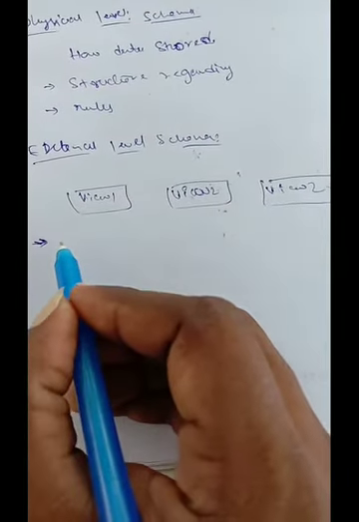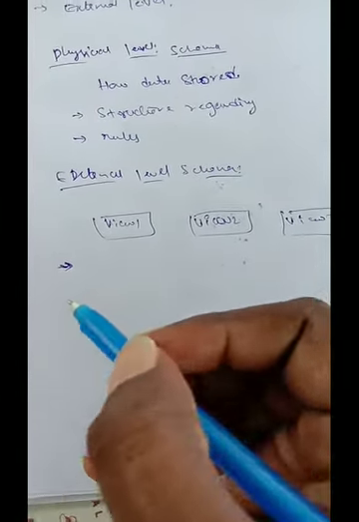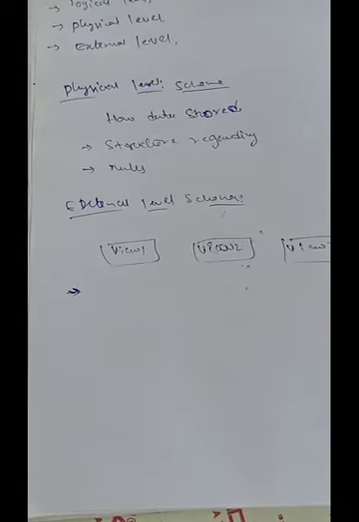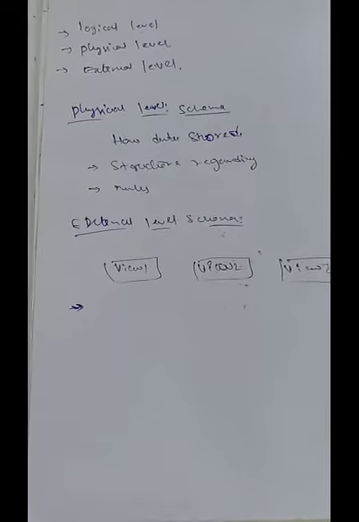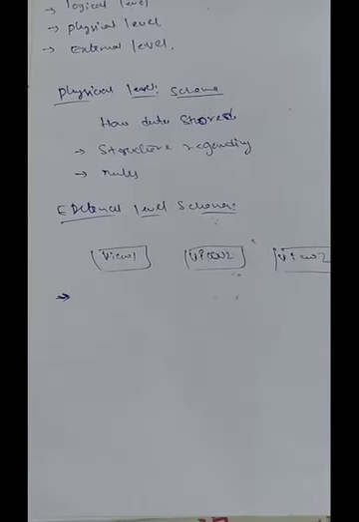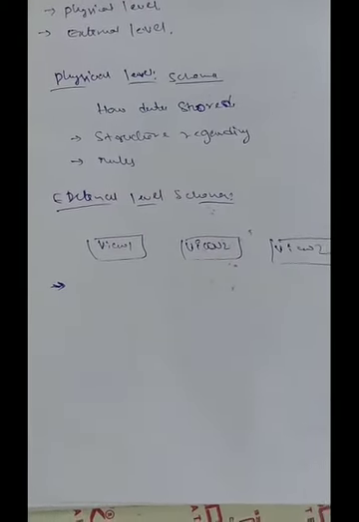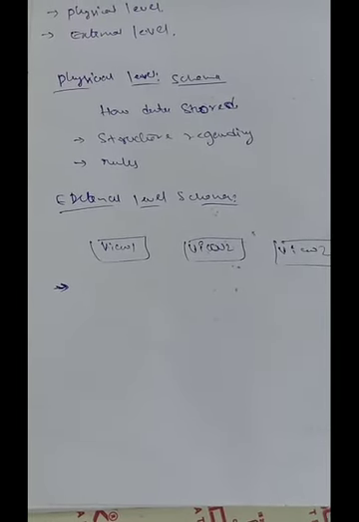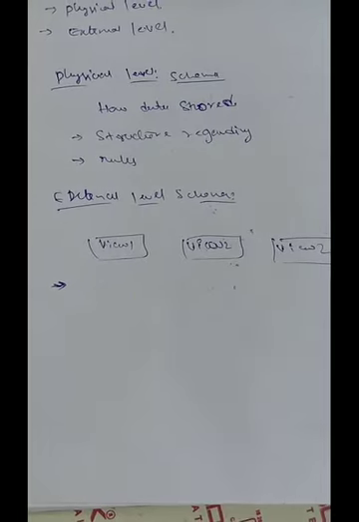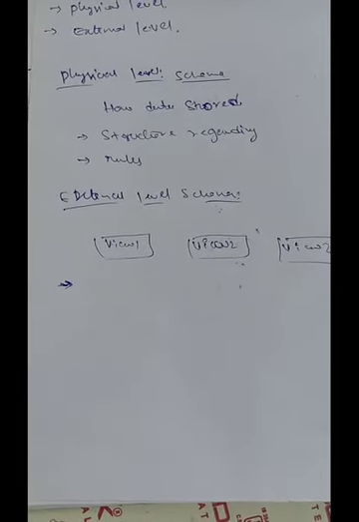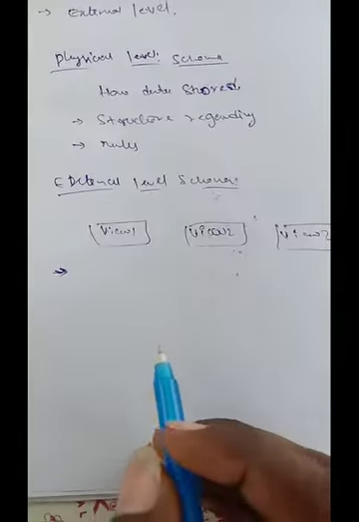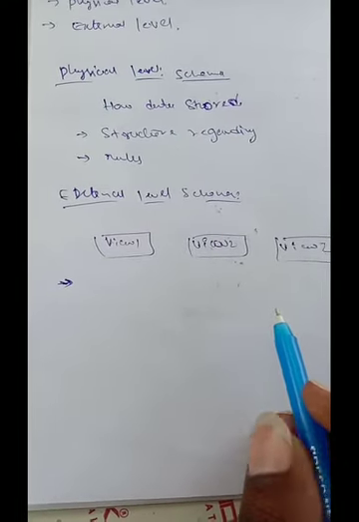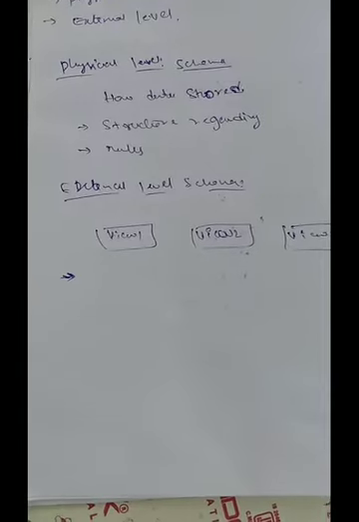It doesn't bother about how the data is stored and what operations are actually performed on the data. The data is accessed from the database and viewed by the external level user. This schema also doesn't have complexities, and it doesn't have problems with the two other schemas.